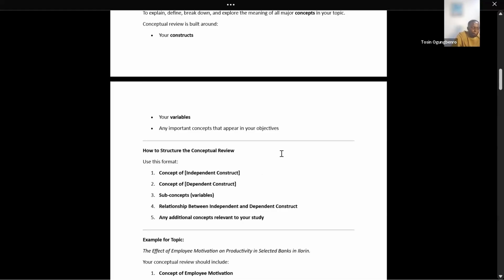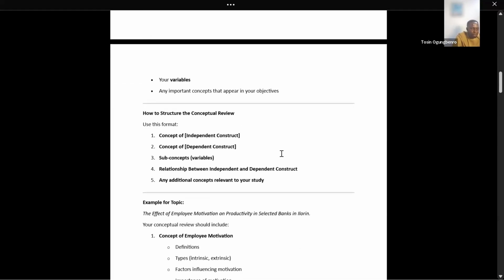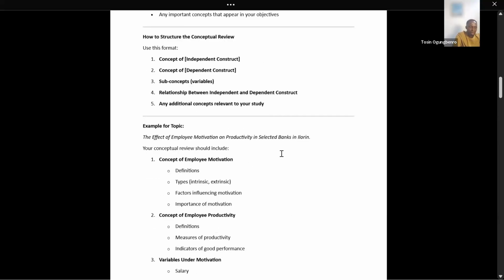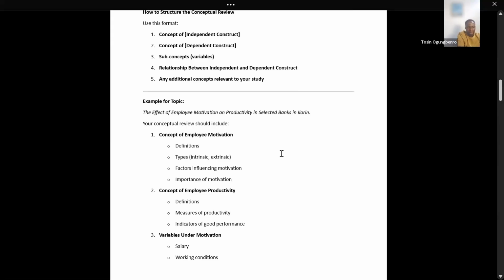So, conceptual reviews. Example: concept of the independent variable, concept of the dependent variable, subconcepts and variables, relationship between independent and dependent variables, and any additional concept relevant to your study. Example: we are dealing with the topic, the effect of employee motivation on productivity in your selected case study.